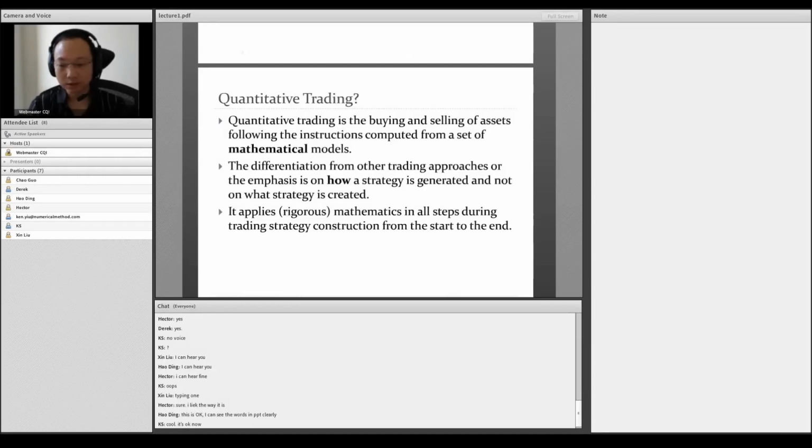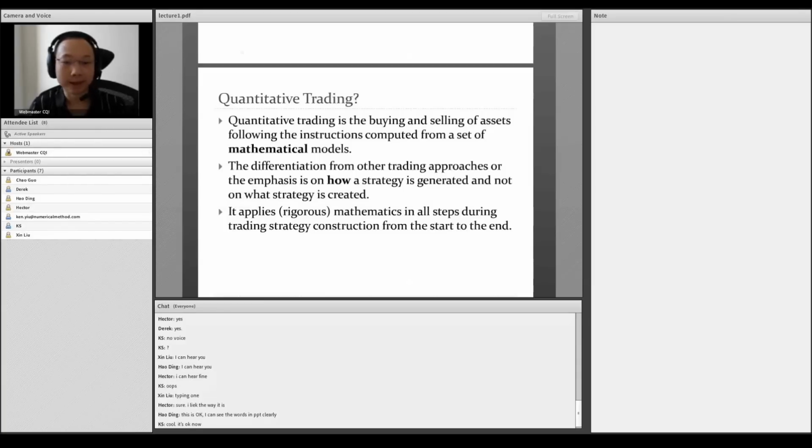The most important characteristic of quantitative trading is that we apply mathematics in the whole process of strategy creation from the start to the end. I have to emphasize that because the strategy itself can be the same as another strategy from technical analysis. But technical analysis is not quantitative trading, in my opinion.